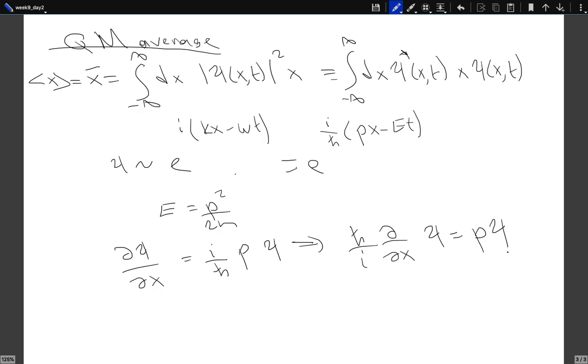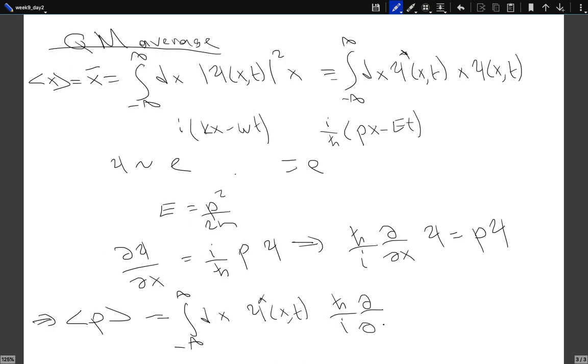Now this is nice, which basically tells me that instead of the momentum, I can just take the derivative. So we define the average of momentum to be the integral dx from minus infinity to infinity, psi star of x and t times h bar over i del over del x of psi of x and t.